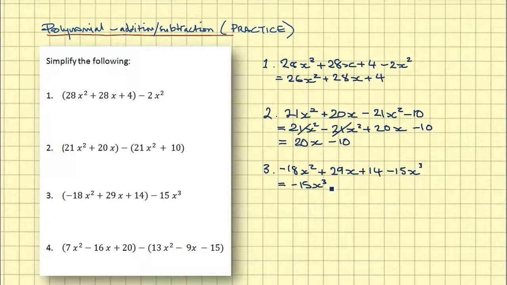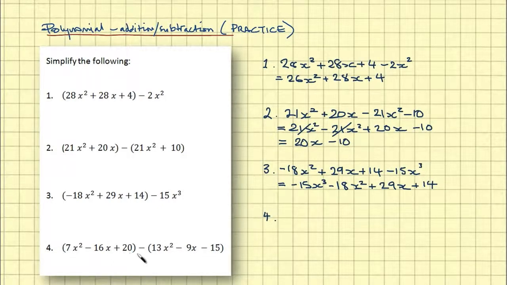So I think it'd be sensible if we just wrote these now in descending order, and then we'll have our answer. So we have negative 15x cubed, subtract now our x squared, 18x squared, plus 29x, and plus 14. And it won't simplify any further, so that's complete.